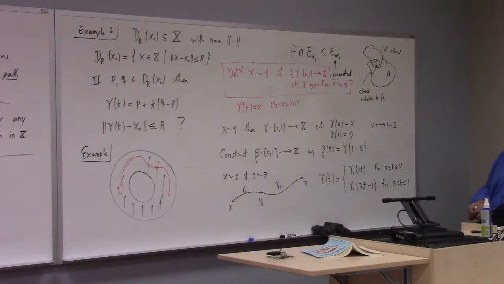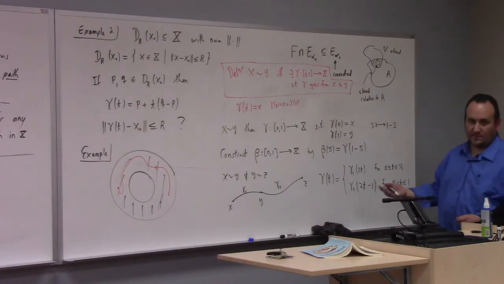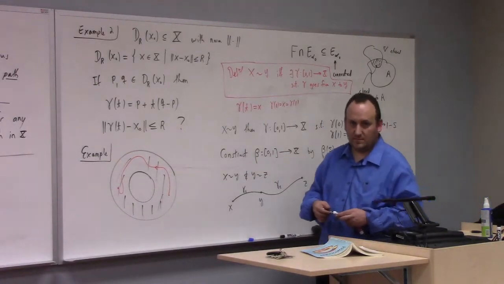So what this proves is that path equivalence is an equivalence relation, and then we can take the equivalence classes of this relation, and those are what are called path components. So you can look at the path components of a space, and those will also partition the space.